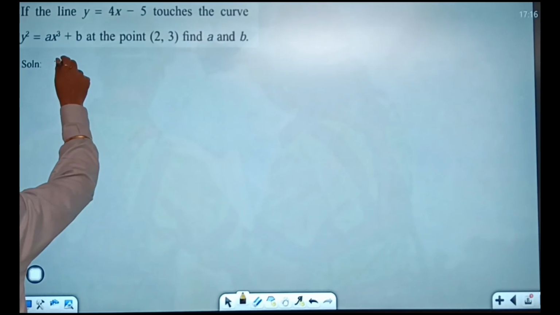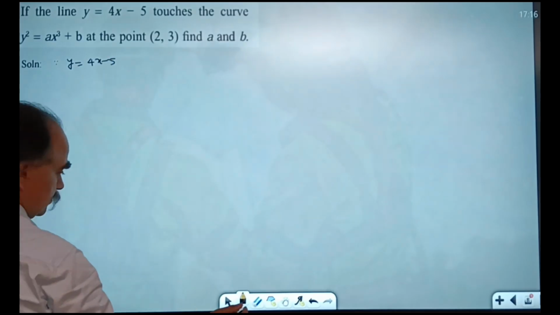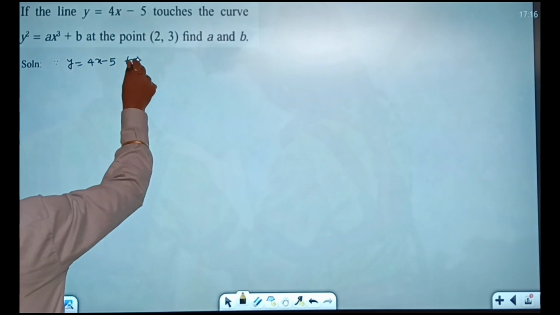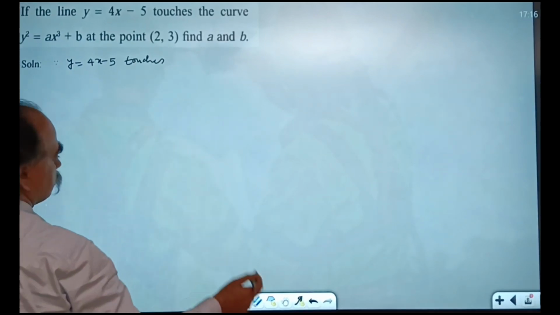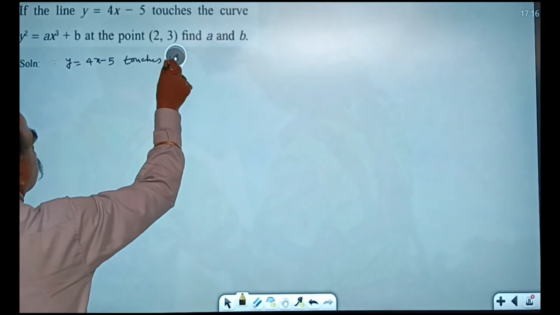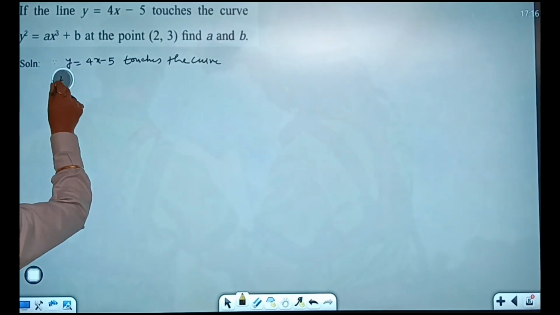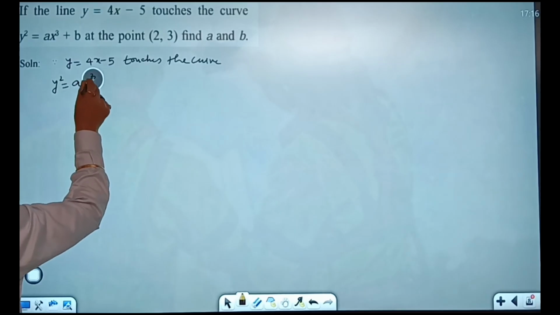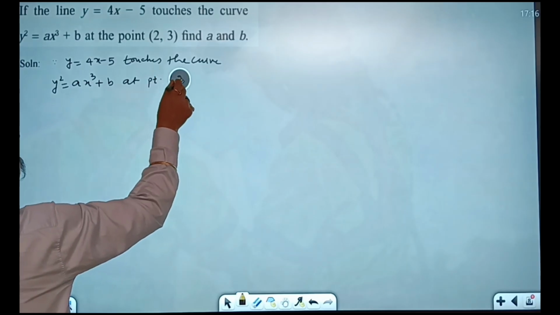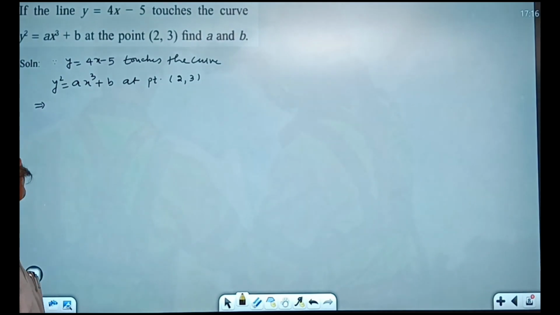Since y is equal to 4x minus 5 touches the curve y square is equal to ax cube plus b at point 2, 3, this implies line touches means line will become tangent.